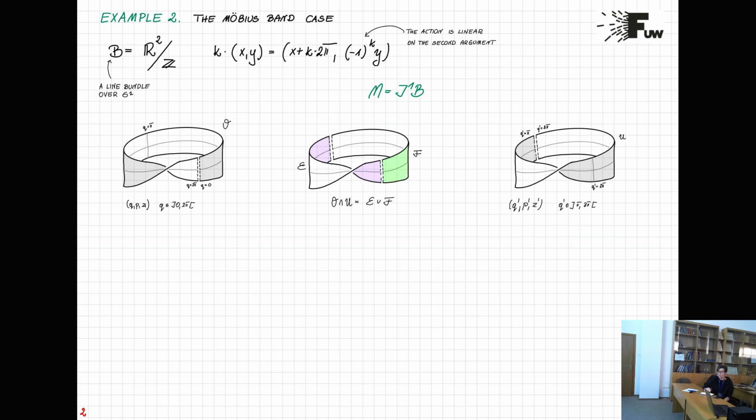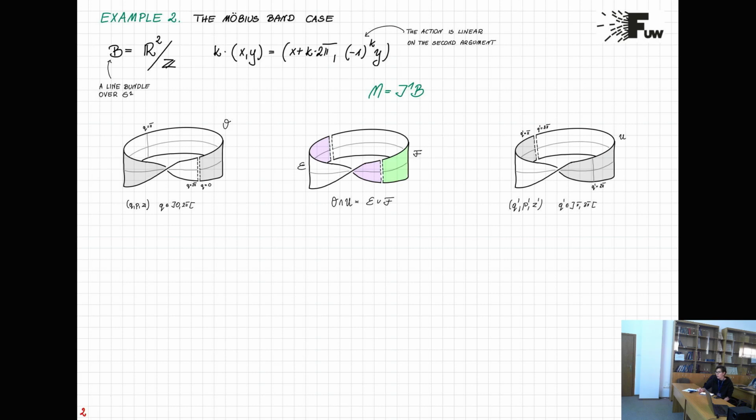A line bundle means that it is a vector bundle with one-dimensional fiber. The linearity, the fact that it is a vector bundle, is granted by the features of this action of Z, which is linear in the second coordinate, and this linearity passes to the equivalence classes, so we have a vector bundle indeed. And again, we will be looking at jets of sections of this bundle.